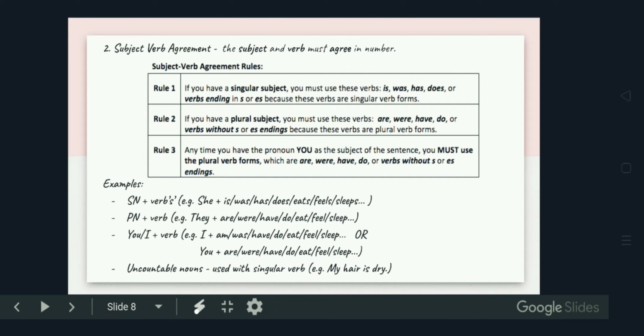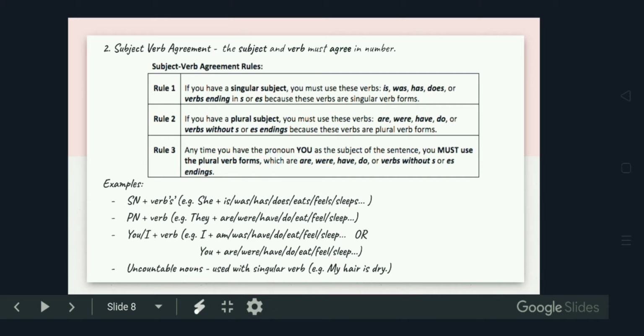And for you and I, because we are special, we use a separate set of rules. So I use am, was, have, do, and of course verbs ending without s. And for you, we use are, were, have, do, and verb ending without s as well.